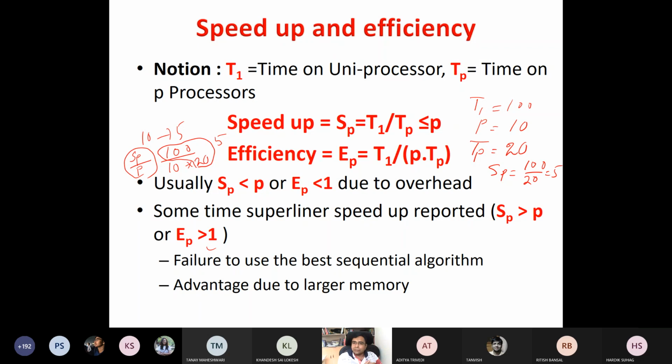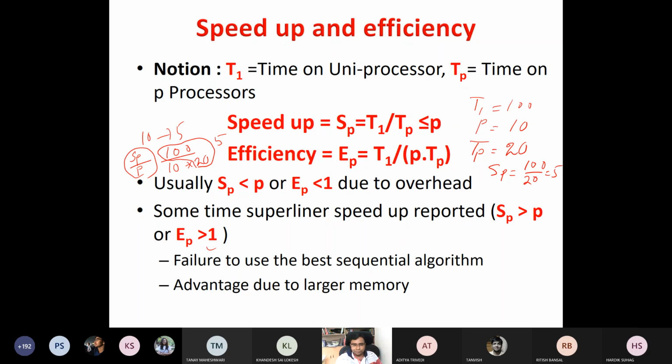Any questions? Sometimes there is an advantage due to larger memory. Let me explain. Suppose you are running an application on your machine. Nowadays i5 machines are actually 6 core.